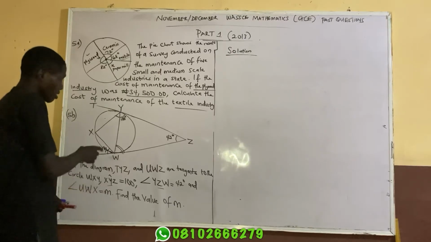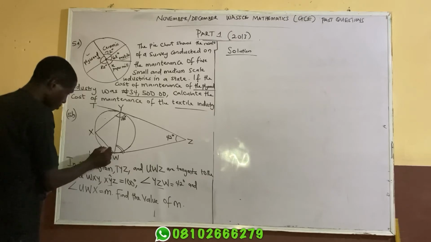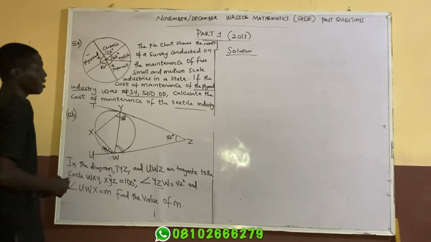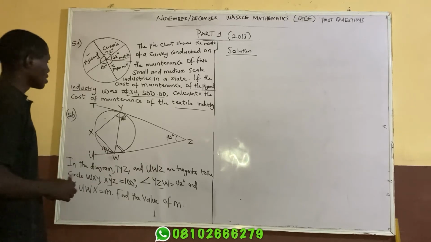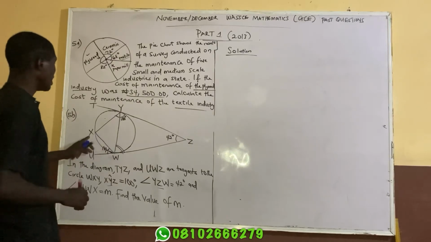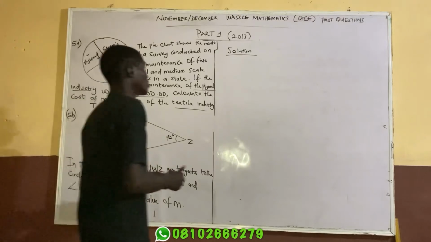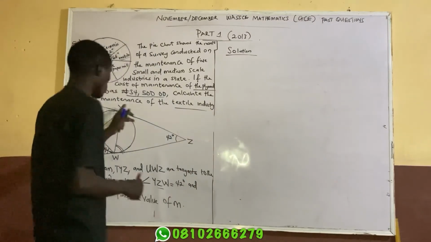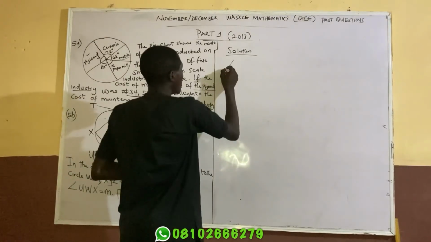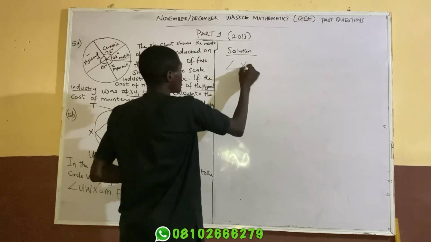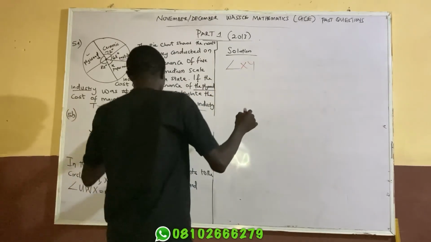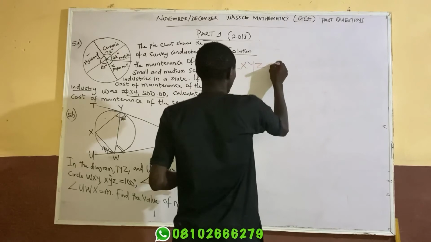Find the value of M. We have to calculate this value of M. Now, how do we get the value of M? The first thing is to consider the triangle XYZ here. So you don't have angle XYZ. Angle XYZ is equal to 100 degrees.